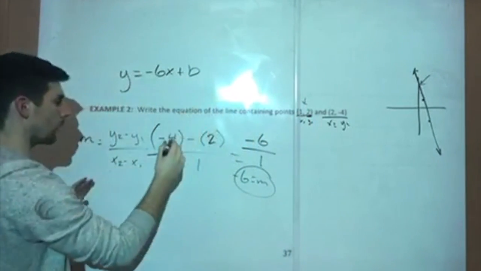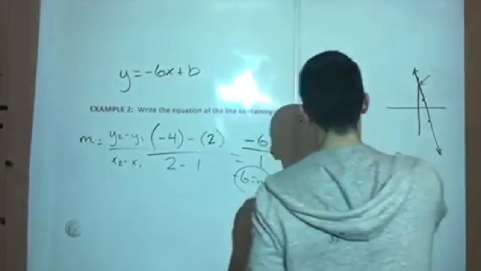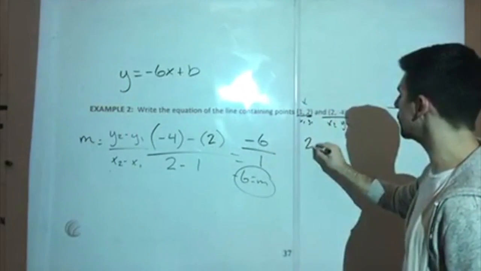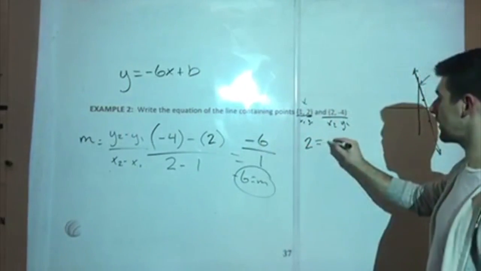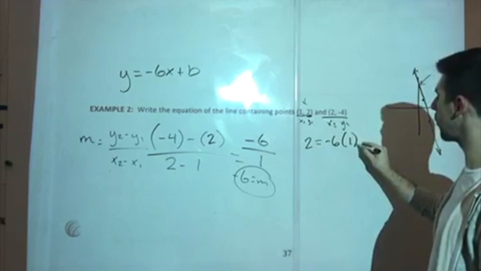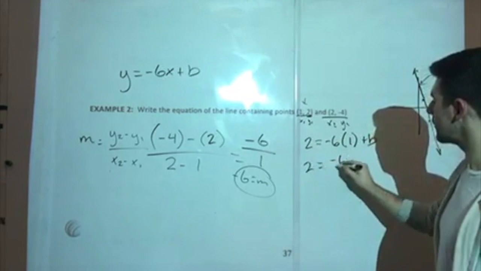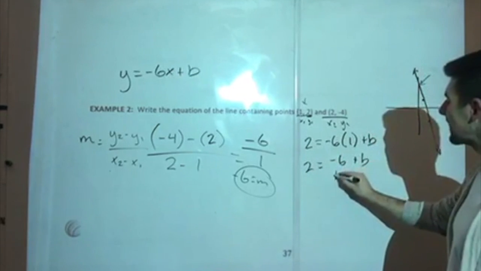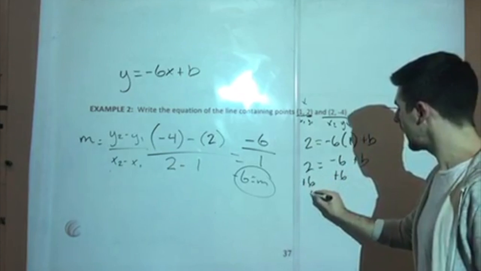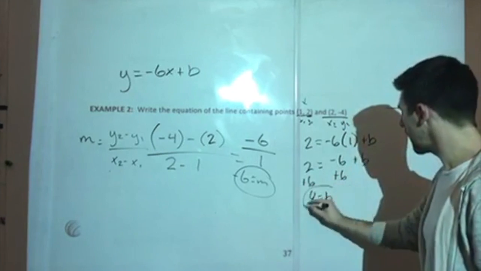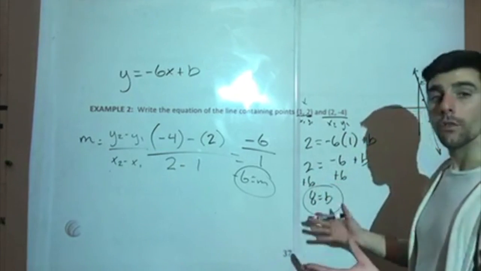So I have 2 for my y coordinate is equal to negative 6 times 1 plus b. That simplifies to 2 is equal to negative 6 plus b, and then I add 6 to both sides. 8 is equal to b, which is code for that's where the y-intercept is.